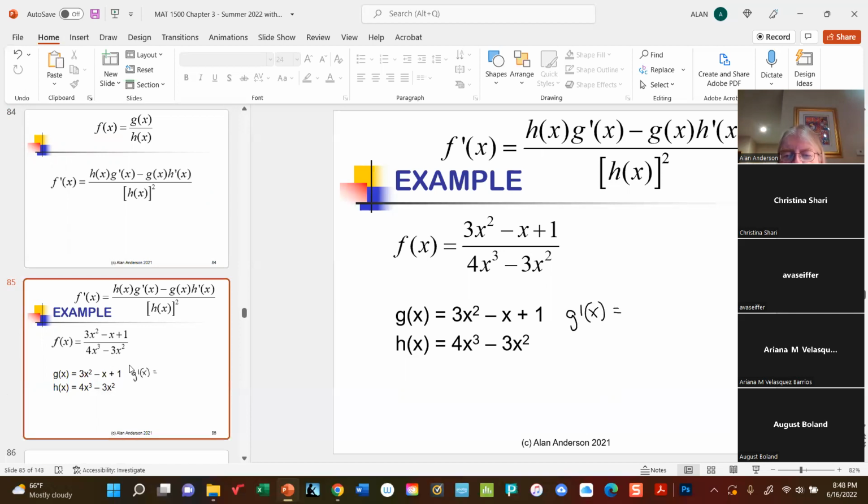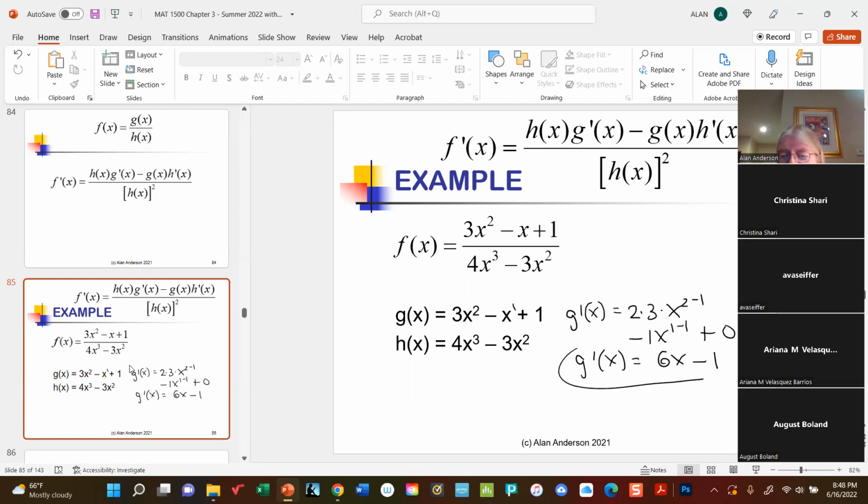So this first one will be 2 times 3 times x to the 2 minus 1. Now the x, remember, you implicitly have a 1 here. So you got minus 1 x to the 1 minus 1. And this is a constant, so it just goes to 0. So it simplifies nicely to 6x minus 1.